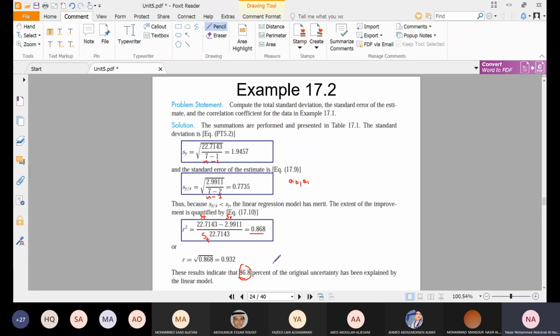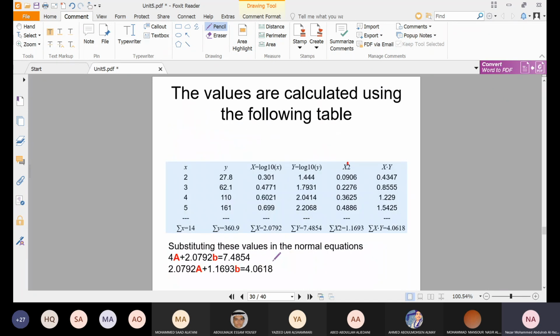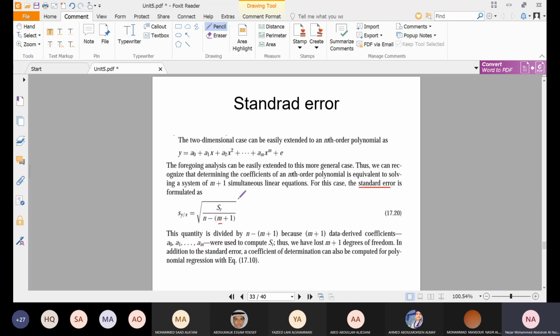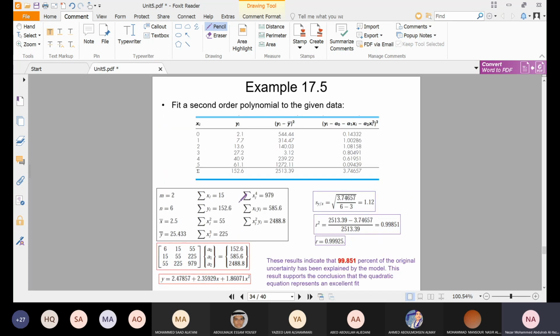Memorize this one. And if we use the same data but fit it using quadratic form, or quadratic regression, we find here the errors between the data that we have and the mean, and the square of the error.